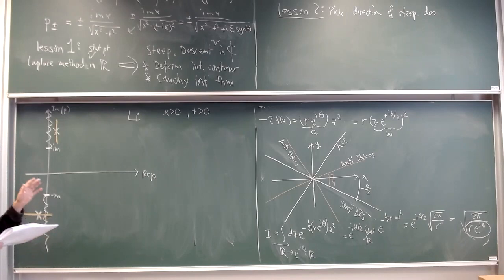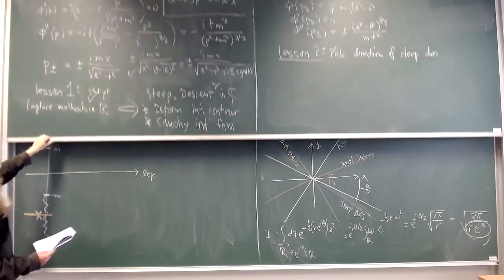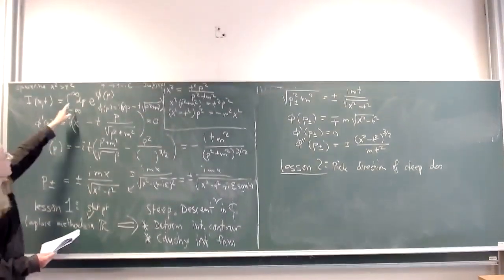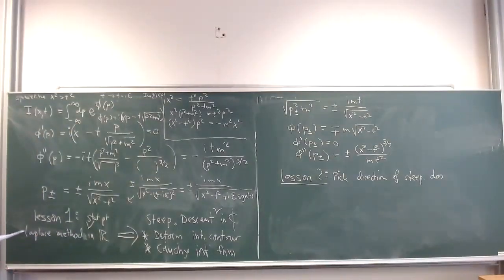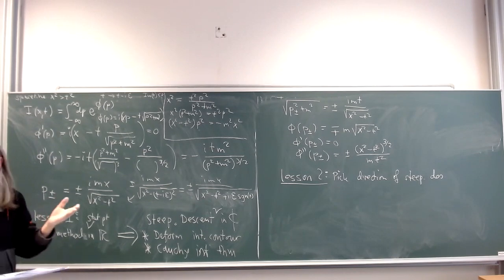I also totally forgot to say another thing about the integral that we're trying to do here. The normal thing, when I give this as an exercise, is that the student says, oh, I can do this integral. It's a Bessel function.